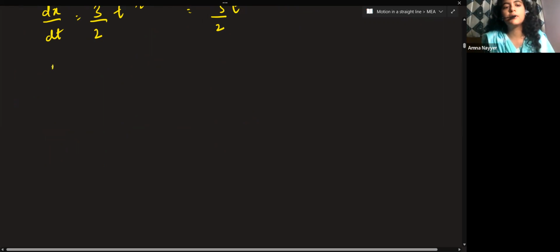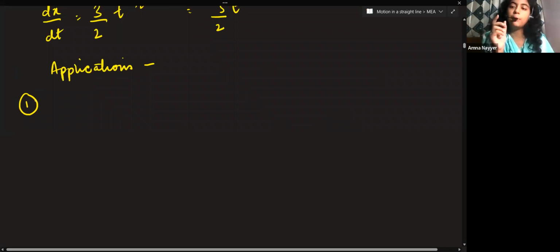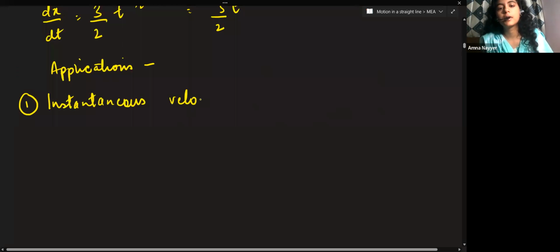So the applications of differentiation: the first application is calculation of instantaneous velocity, like v is equal to dx over dt. Here this is the position, this is the time, so you will be able to easily calculate velocity by just taking the differentiation.